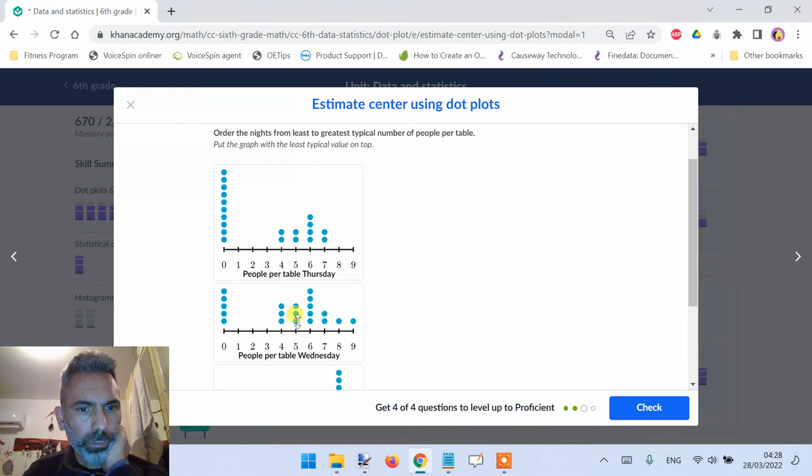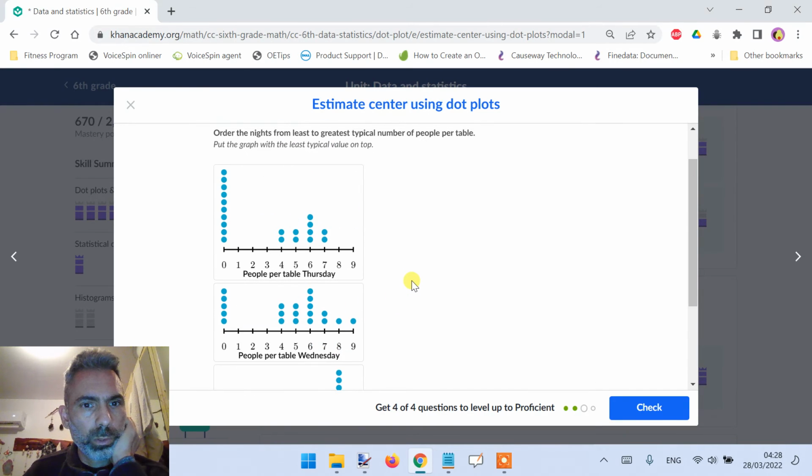Okay, so on Tuesday it was the busiest, and when I compare Wednesday to Thursday, it looks as if on Thursday there were much emptier tables than on Wednesday. On Thursday we see that the column for 0 people per table is significantly higher than on Wednesday. So I guess the median is lower on Thursday than compared to Wednesday.